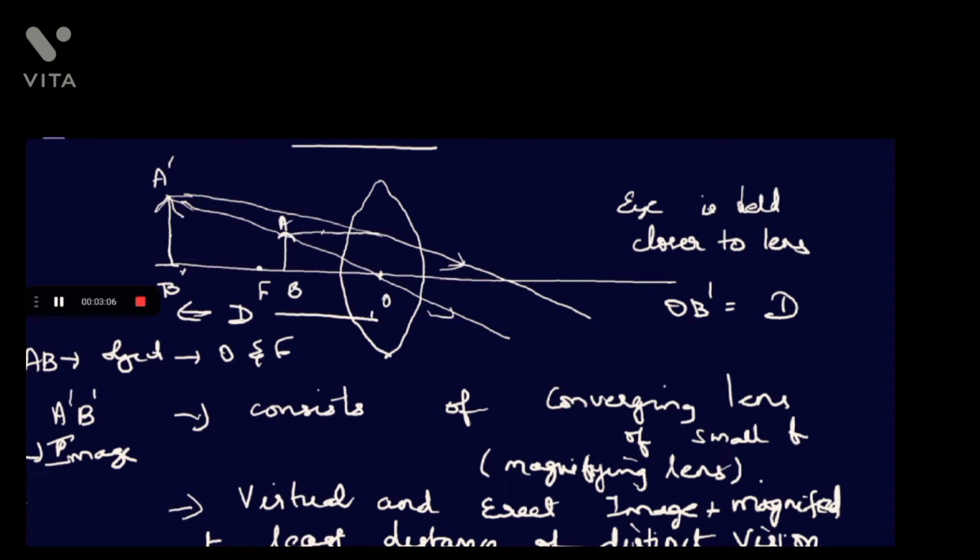Let us consider the triangle AOB, which is nothing but the image formed by the object. This can be written as say alpha, and you can see that the angle formed by the object as well as the angle formed by the image.